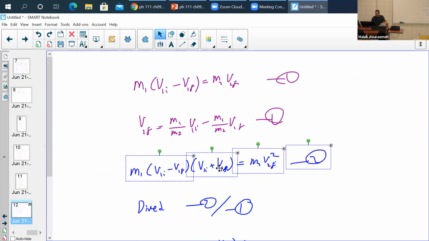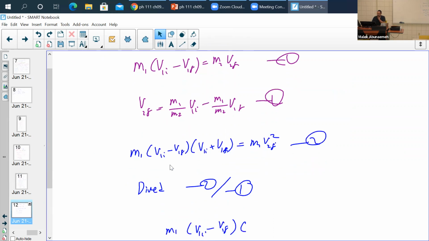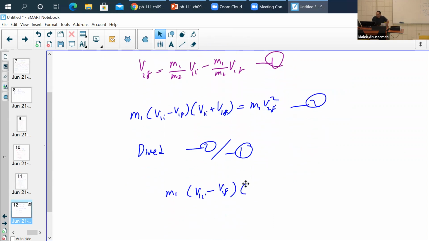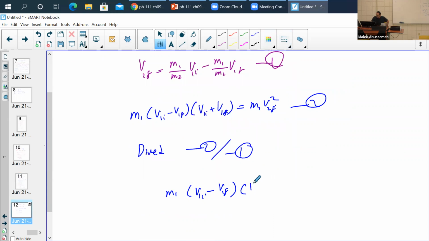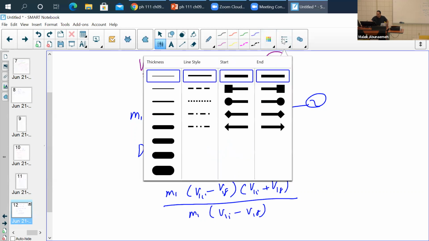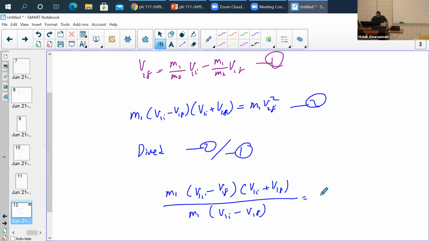That's the right equation. Now we need to divide this one by this one. So you get m1 (v1 initial minus v1 final) times (v1 initial plus v1 final), divided by m1 (v1 initial minus v1 final), is going to equal m2 v2 final squared, which is basically your square.